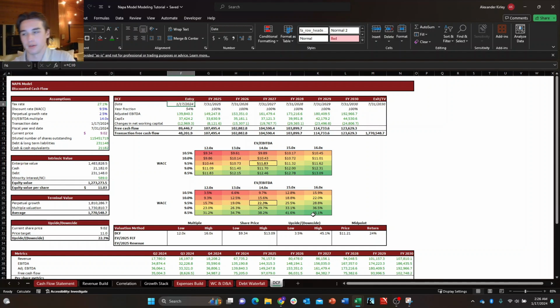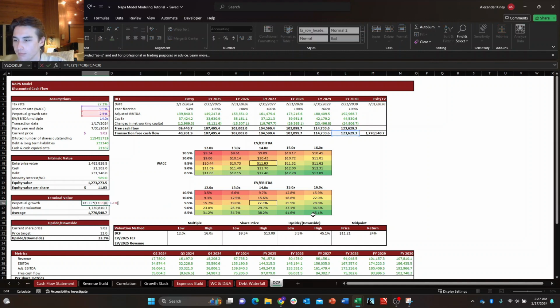how we go about it is we have our stage 1 cash flows, which we've projected out, and our stage 2 cash flows, which is our terminal value. How we get our terminal value is we use a blend of our perpetual growth methodology and our multiple valuation.